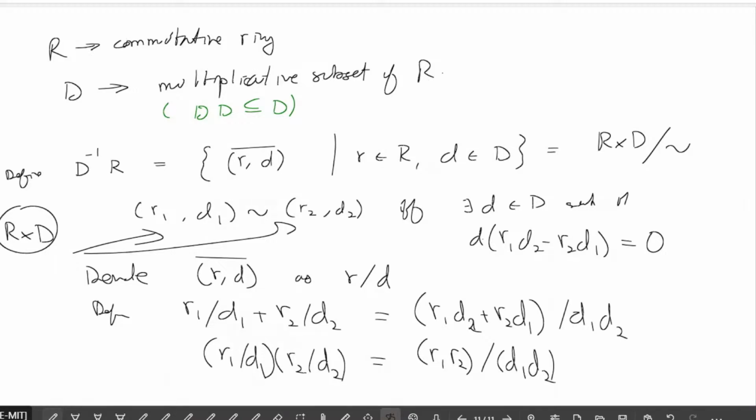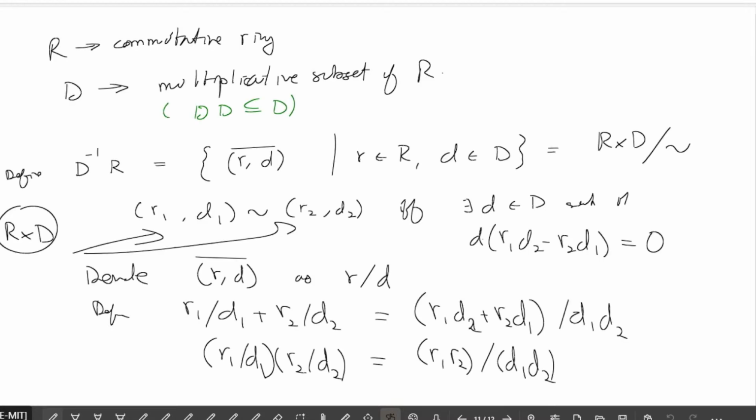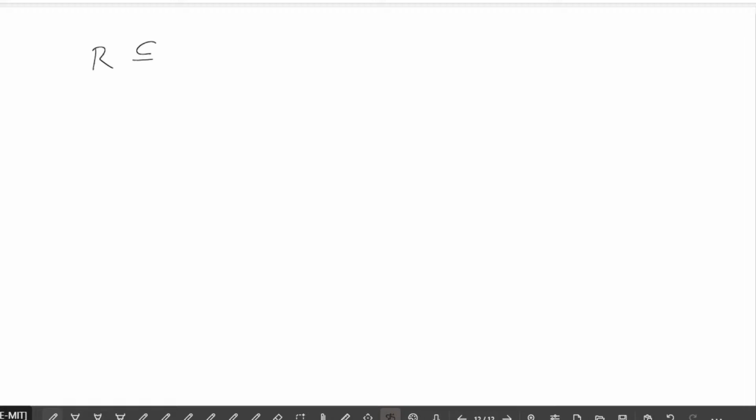Everyone? Okay. So then you can see that any element of R can be identified with an element of D inverse R, which means you can embed R into it.